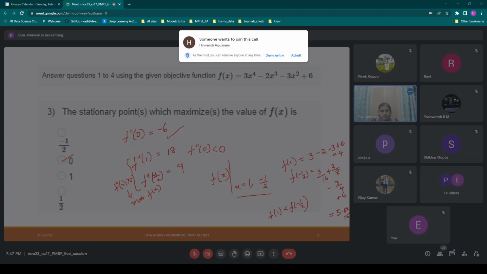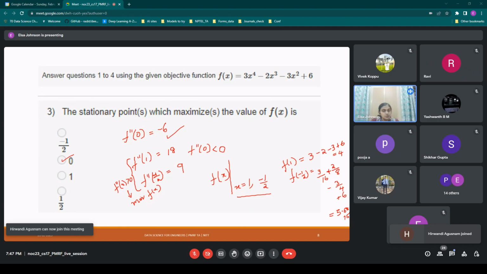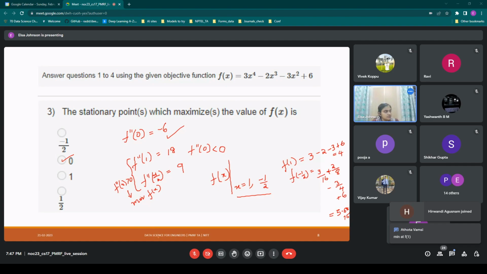Sorry, I'm sorry. F double dash of x is greater than 0 for these two conditions we were seeing for minimum of x. I just looked at the question. So we have to see the minimum. So which one will be the global minimum?